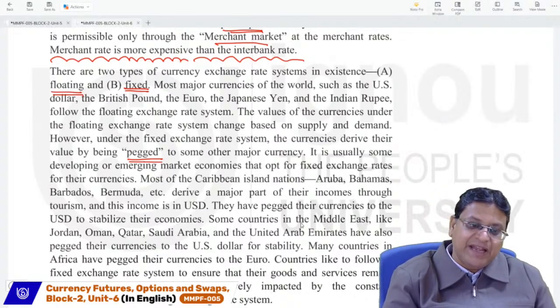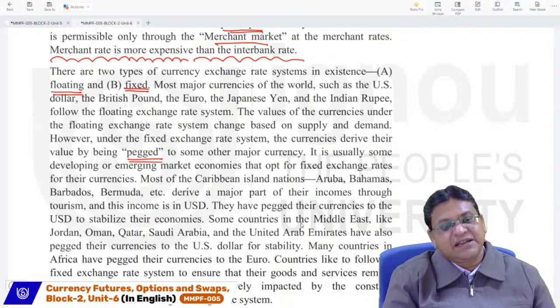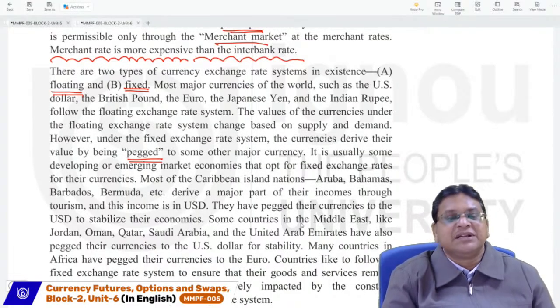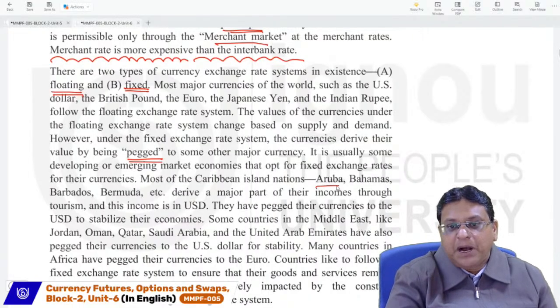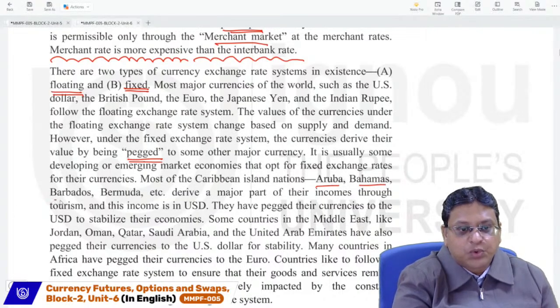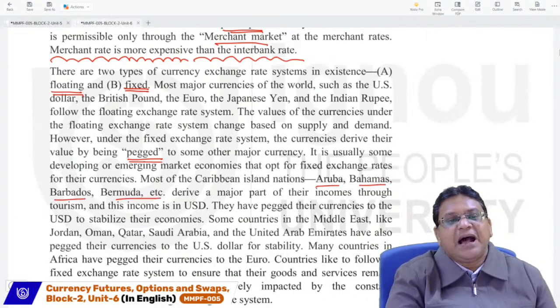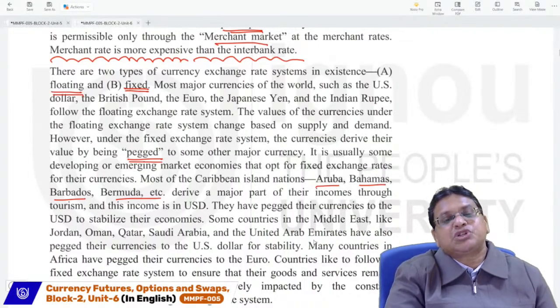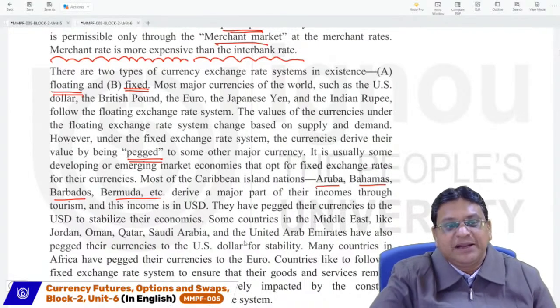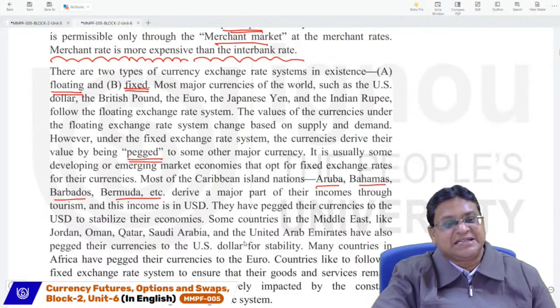It may increase the value of the home currency, that is revaluation. The government may decrease the value of the home currency, that is known as devaluation. Many small countries of the world like Aruba, Bahamas, Barbados, Bermuda adopt fixed exchange rate. But most of the major countries of the world follow floating exchange rate.